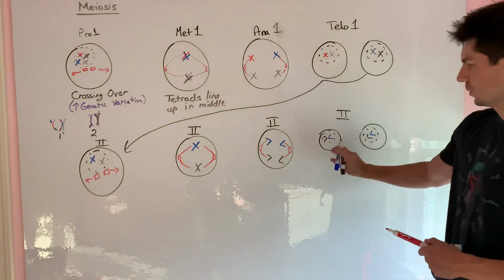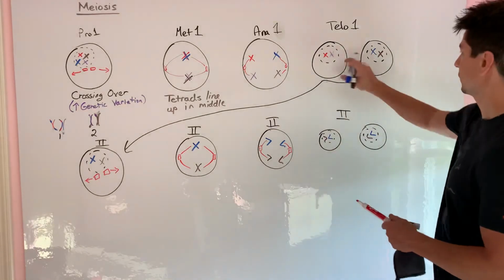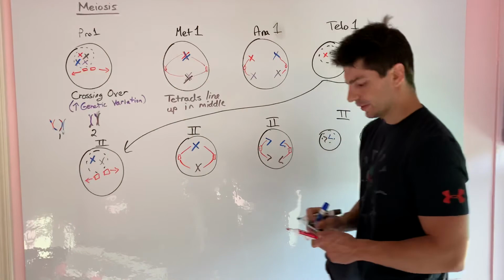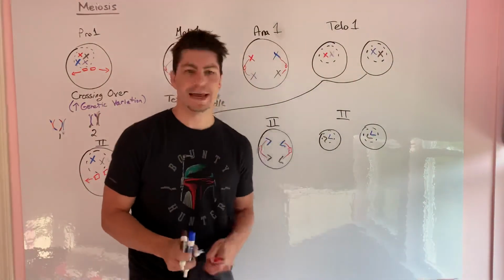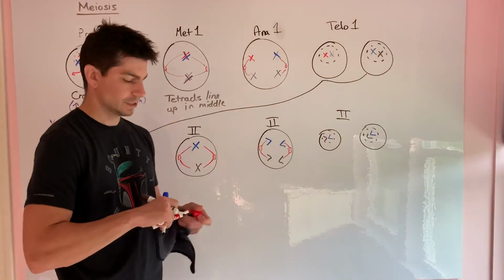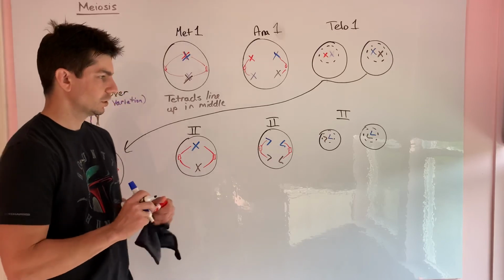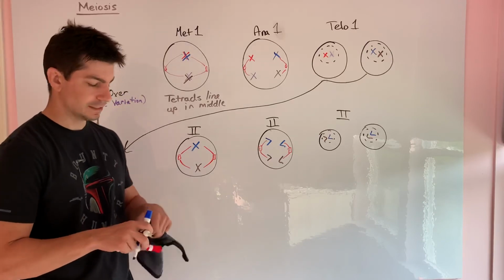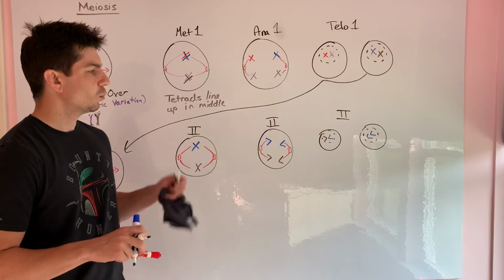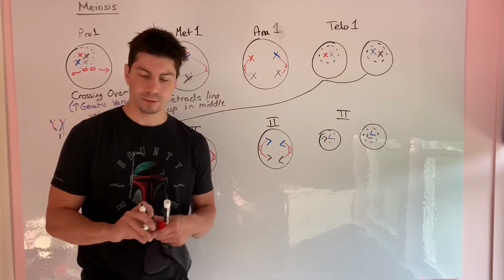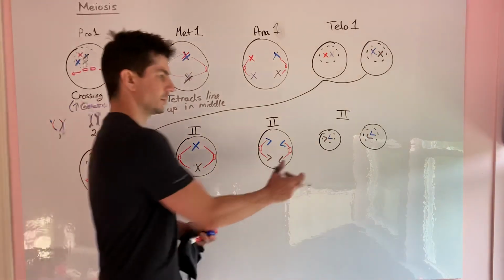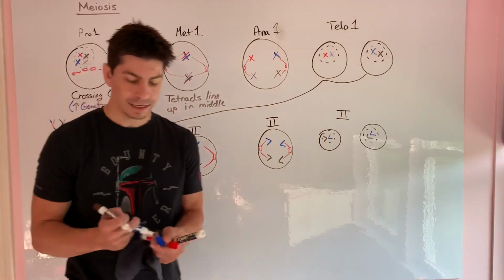Okay, so 2 cells, we'd have 2 cells from here, so we would get 4 cells overall at the end of meiosis number 2. Okay, so that's all your steps of meiosis. One thing I want to mention, guys, is when we are making these, might be sperm, these might be egg.